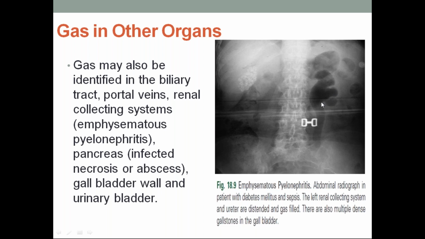This is the pelvis and this is the ureter, and surrounding the kidneys we are also getting some cysts filled with fluid levels. This is the case of emphysematous pyelonephritis, where we can find a distended ureter and a distended gas-filled renal collecting system. It is for this purpose only that I have put this image for you.